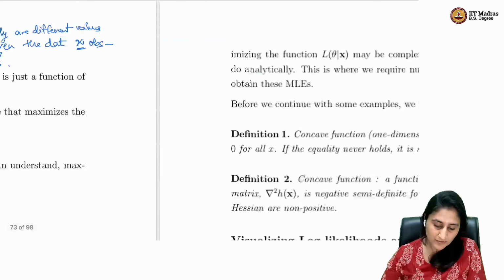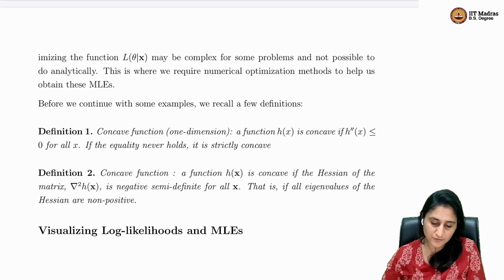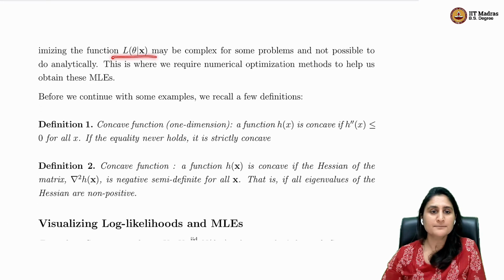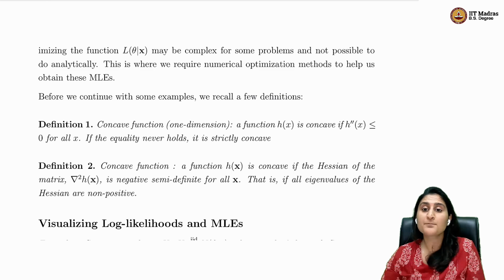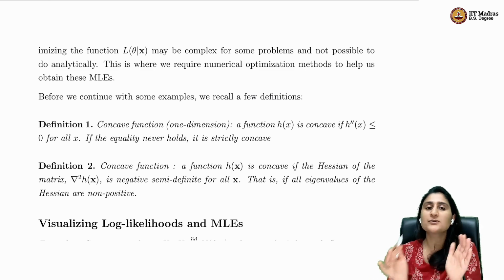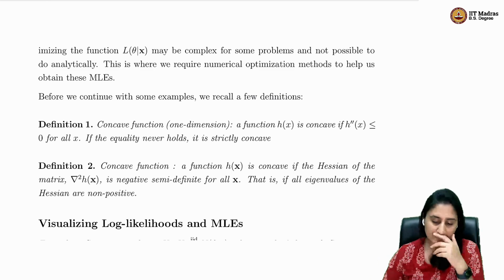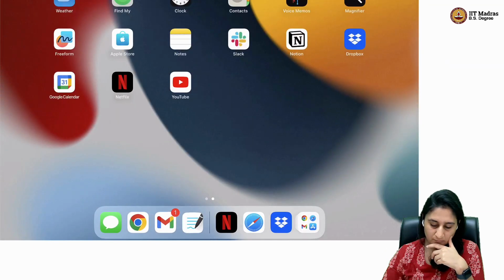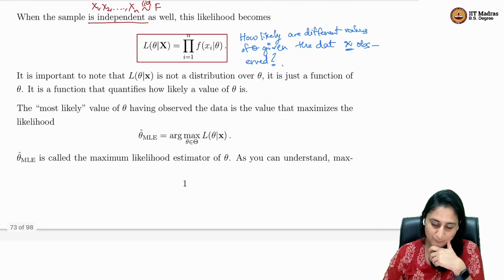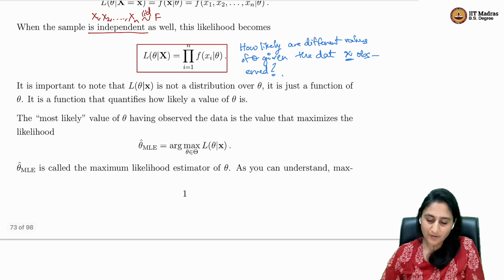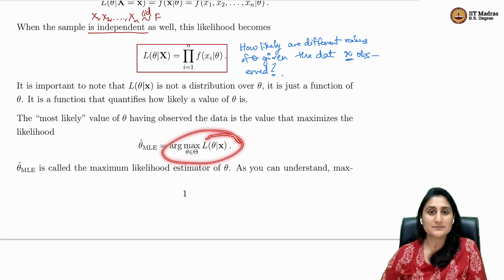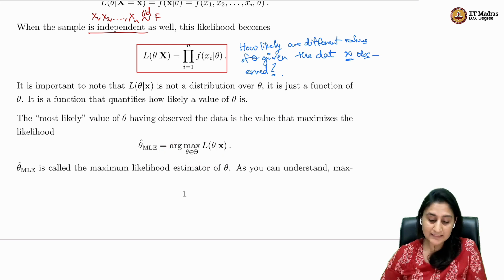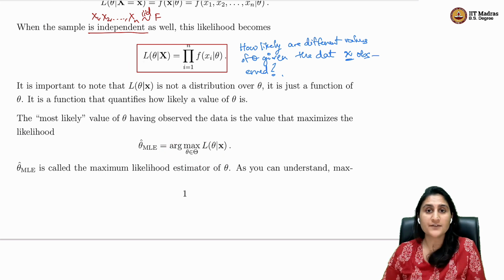Now, as you can understand, maximizing the function L(theta) may be complex for some problems and may not be possible to do analytically. We are going to have to find where this function is maximized, and it's possible that L(theta | x) looks fairly complicated and is not well behaved.